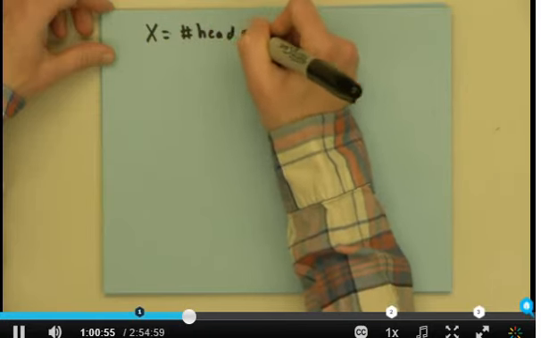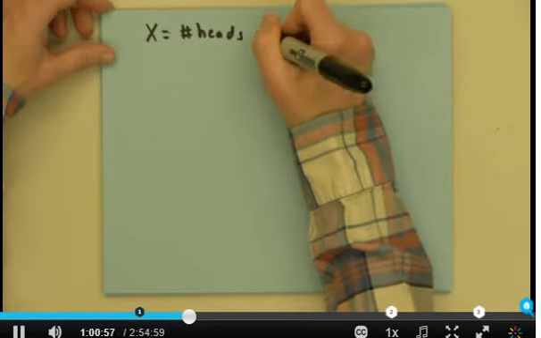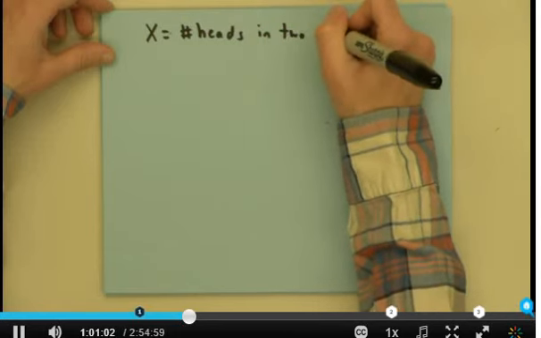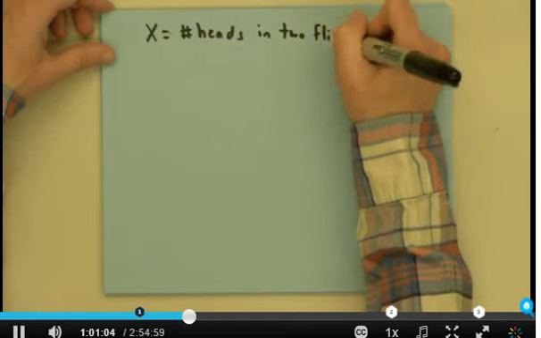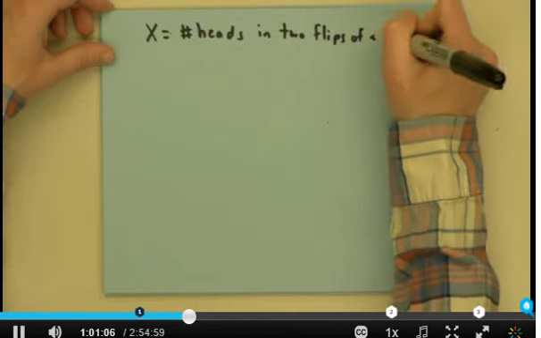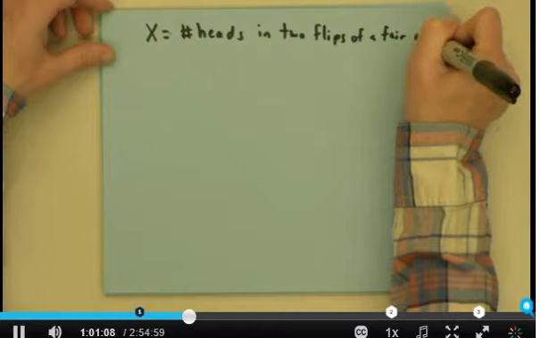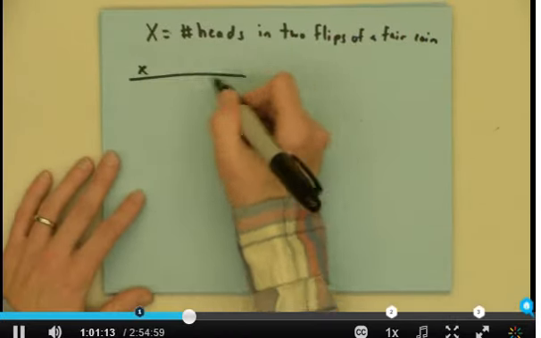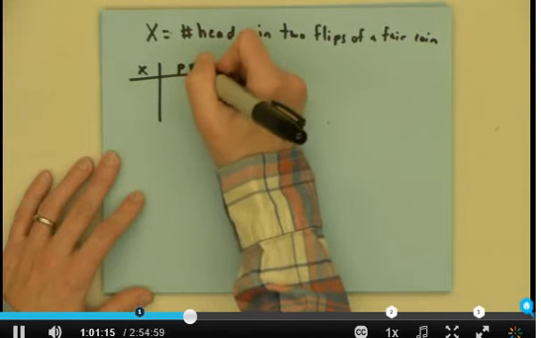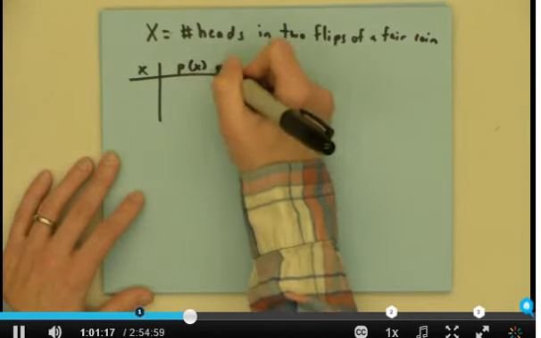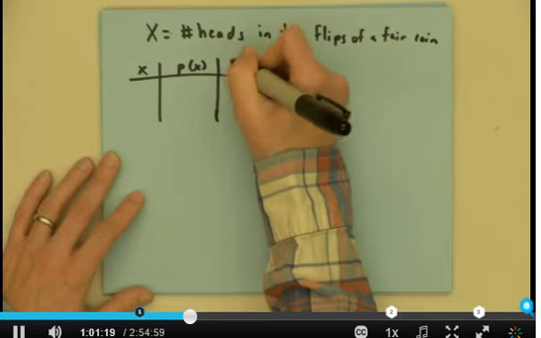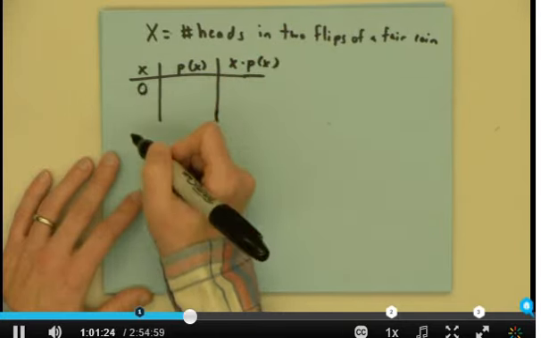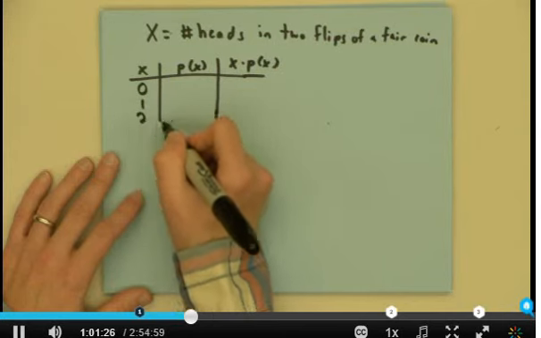First, I'm going to write down what X stands for, number of heads in 2 flips of a fair coin. So let's reconstruct that table. Let's see, there could be 0 heads, or 1 head, or 2 heads.